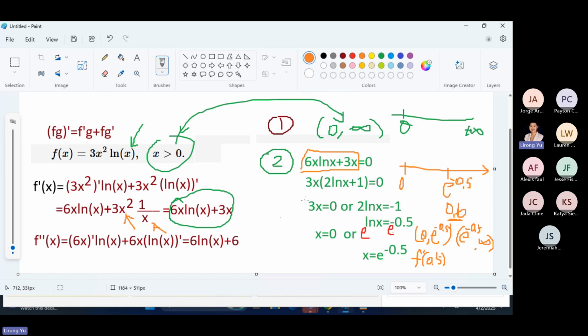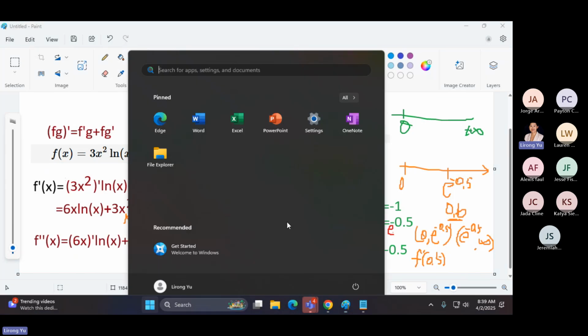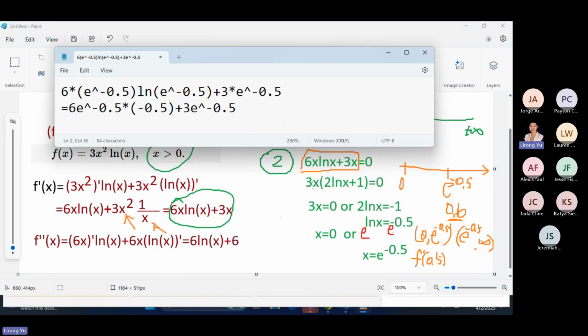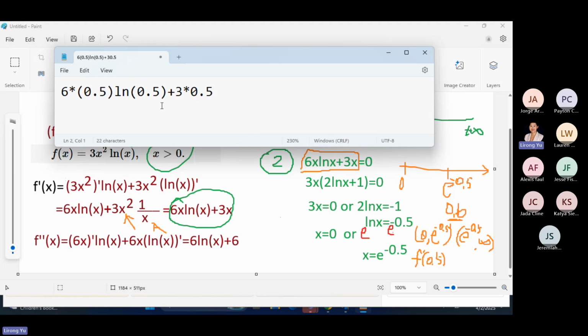That's a good point. Yeah, we should plug in the 0.5, right? So I did it wrong. I totally confused myself with e to the. It's supposed to be just 0.5. Something is not working in my brain.